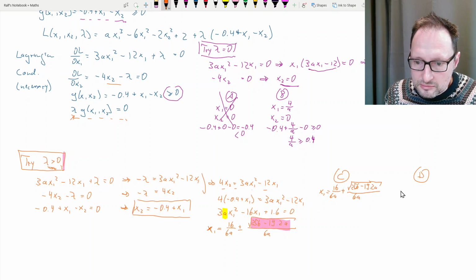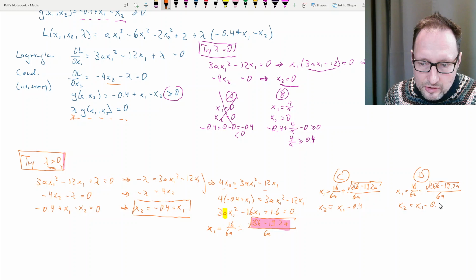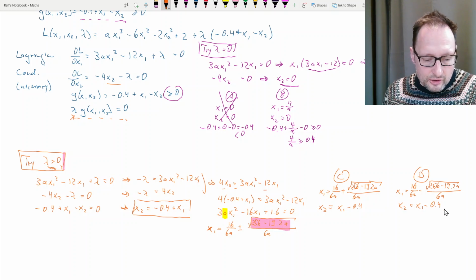In D, we'll just take the minus value. Minus this somewhat nasty looking term divided by 6a. And now x2 is always just x1 minus 0.4. So I'll just say here x1 minus 0.4, so I don't have to repeat this long term.